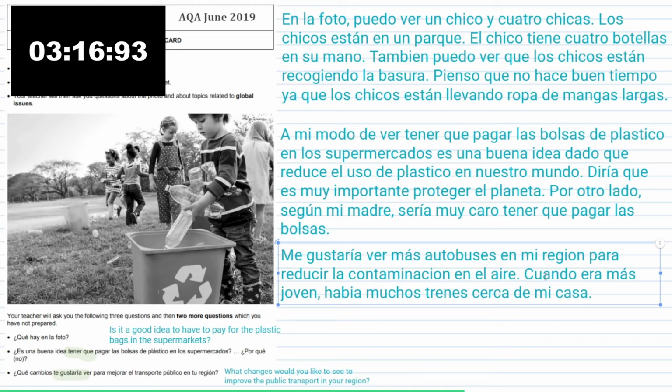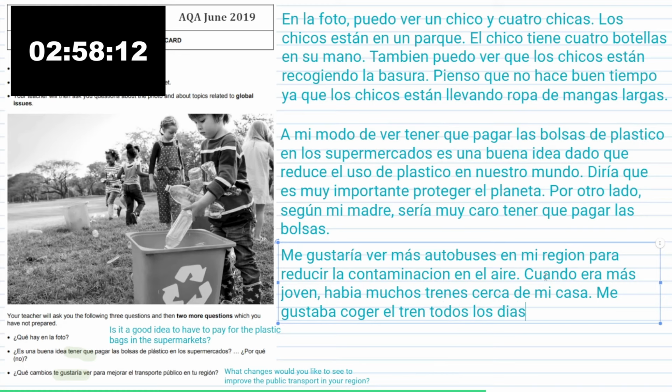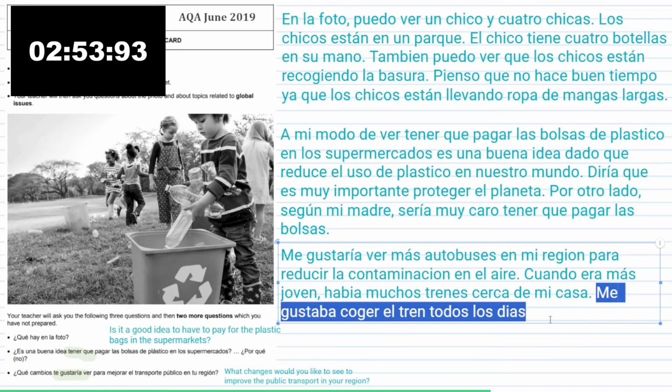And then one more sentence in the imperfect, maybe saying I used to like these trains, so me gustaba to get on the train, using tomar, or let's use coger el tren todos los días. So I used to like, me gustaba coger el tren todos los días.